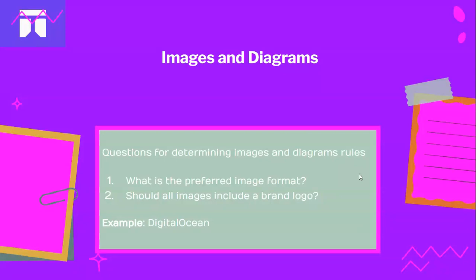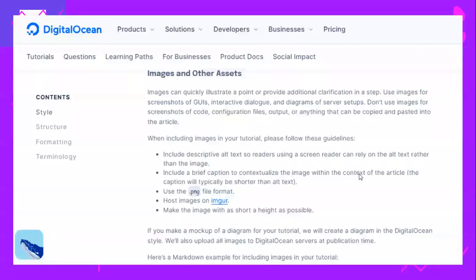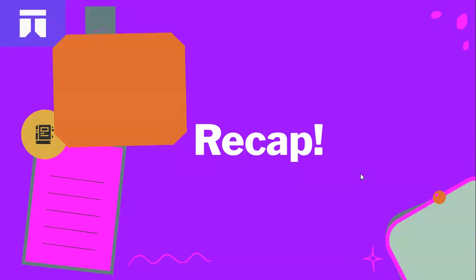As I said, most times you're not going to have to handle all this, but if you do, these are some things you should put into consideration. And DigitalOcean does a good job when it comes to defining how images are for their blog, right? So use the .png format, host images on Imgur, and all that. So you just set the rules for how the users will use or manage images.